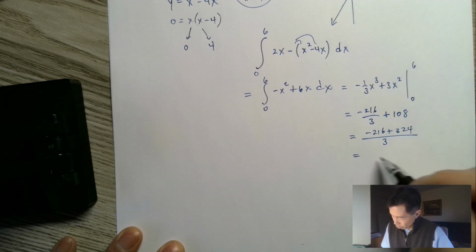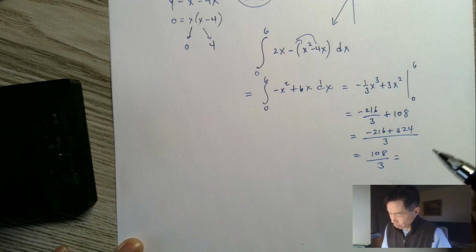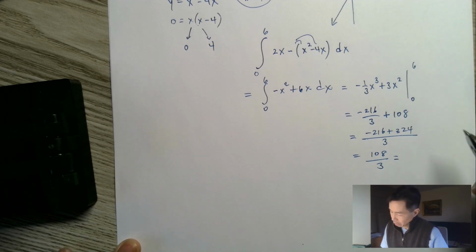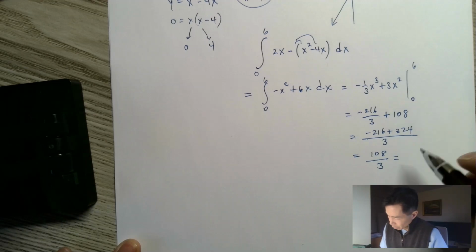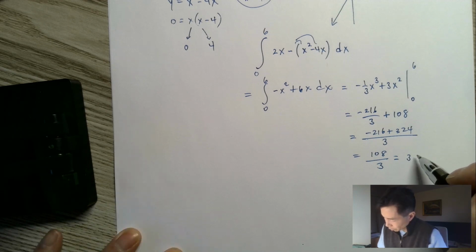And that'll be 108, not 109, over 3. I guess I'll change the mixed number. It's nice to get an idea of what the area is. So that'll be 30. Oh, that goes in perfectly. So that's 36.